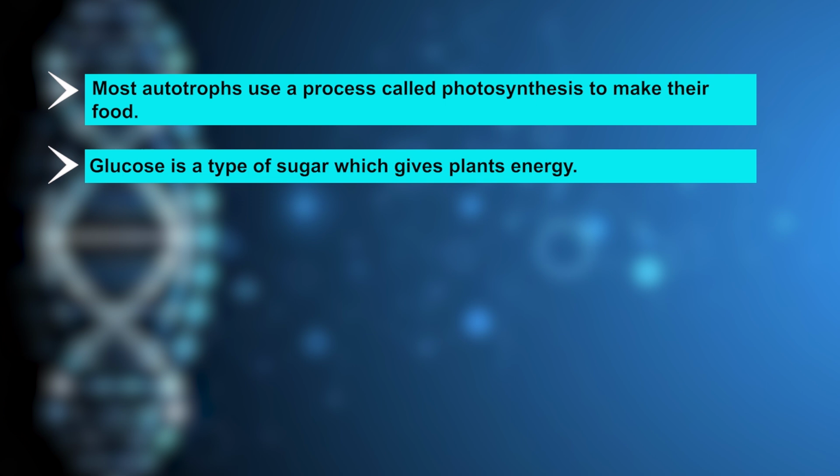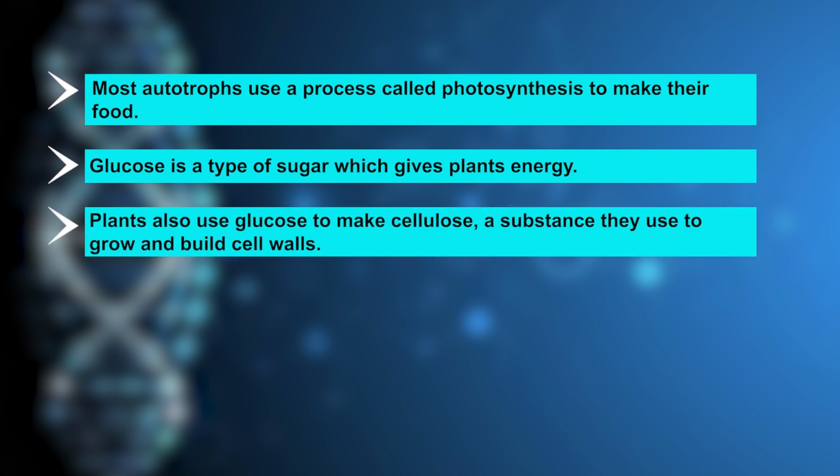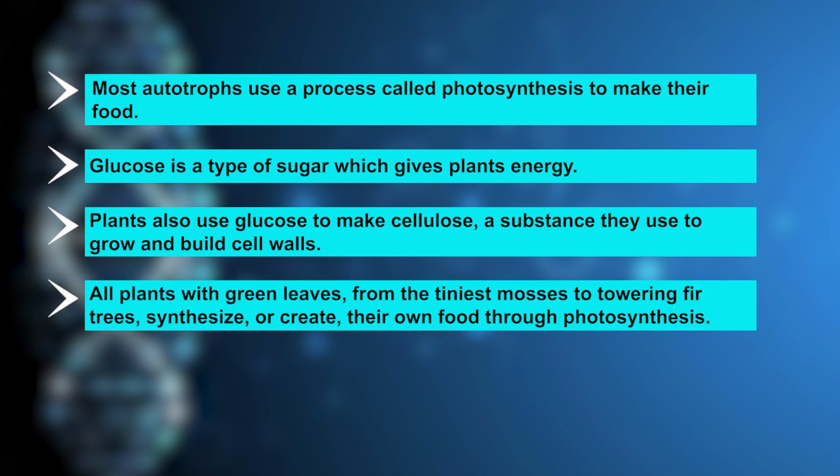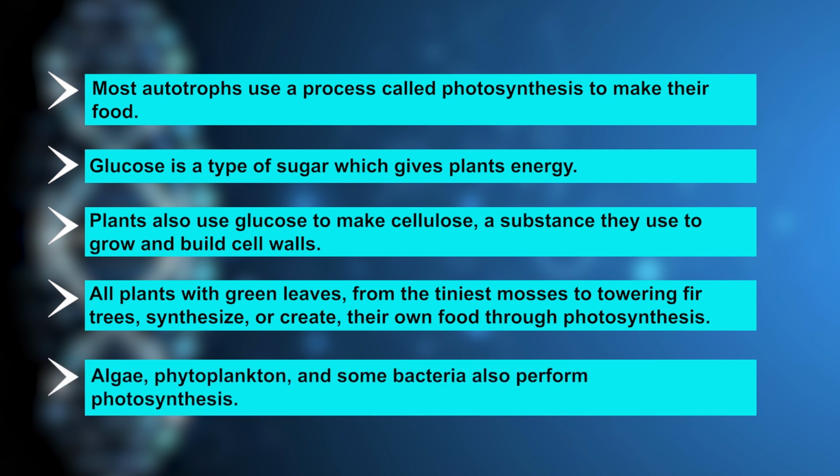Glucose is a type of sugar which gives plants energy. Plants also use glucose to make cellulose, which is a substance used to grow and build cell walls. All plants with green leaves, from the tiniest mosses to towering fir trees, synthesize or create their own food through photosynthesis. Algae, phytoplankton and some other bacteria also perform photosynthesis.